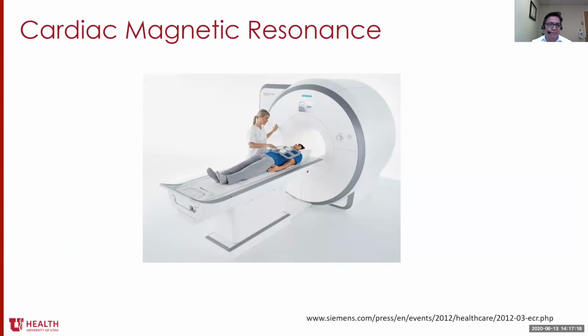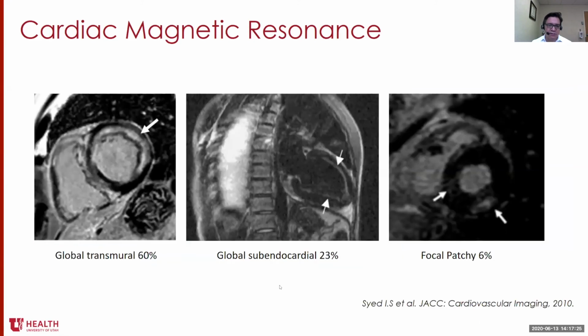MRI is another way to explore if there's amyloid in the heart, and this is how it's going to look on the MRI. A normal heart, in this view, should look like a donut, and should look black. And you can see some white here in the middle of that donut. That's amyloidosis.